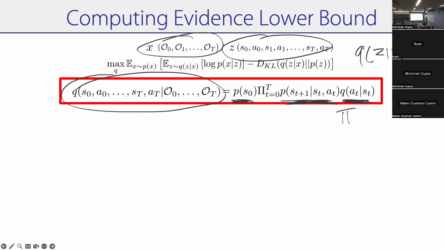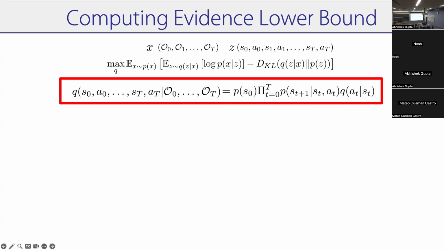And so here, what we're choosing to vary is only that Q of AT given ST, and everything else is going to obey the initial state distribution and the transition dynamics. The only thing you're actually going to vary, the parameters of your probability distribution, is just the Q of AT given ST. So it's imposing a little more structure onto your probability distribution. It's not an arbitrary probability distribution, it's one that is constrained to obey the transition dynamics.